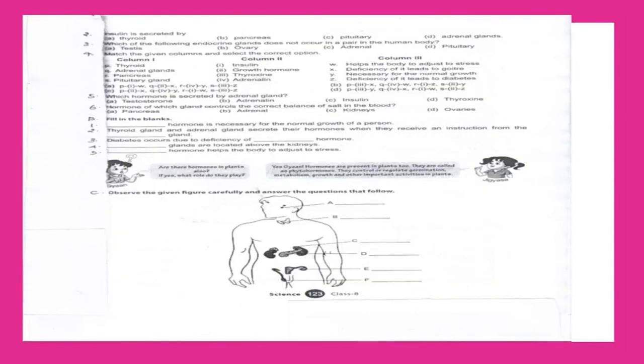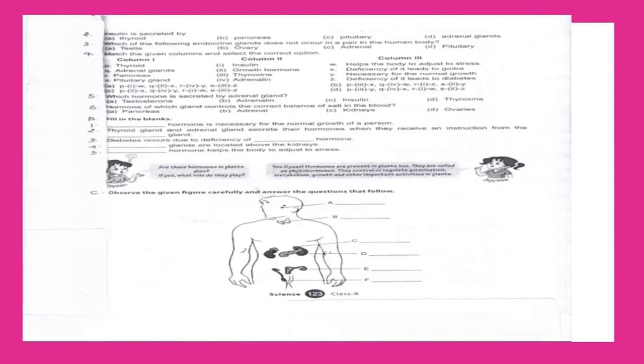Stimulate the endocrine gland. So incorrect statement is 1 and 3. Hormone is in minute quantity. So answer is 1 and 3. I hope you understand. Next there are only a few left, watch patiently.